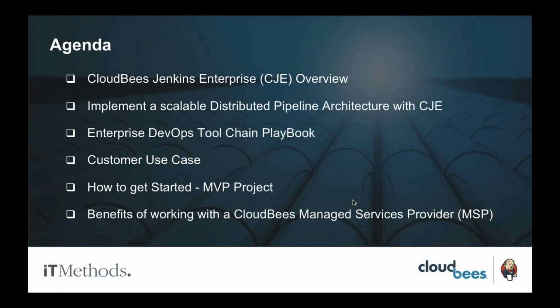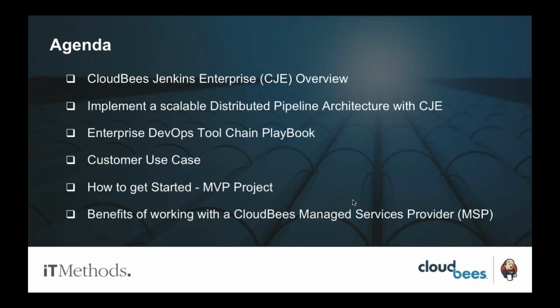Okay, so we have a pretty full agenda. Craig is going to take us through the CloudBees Jenkins Enterprise overview, as well as talk about how to best implement a scalable distributed pipeline architecture. I'm going to then take it over. I'm going to tell you a little bit about our company, how we work with customers, and some of the techniques and tools we've developed, including a playbook.